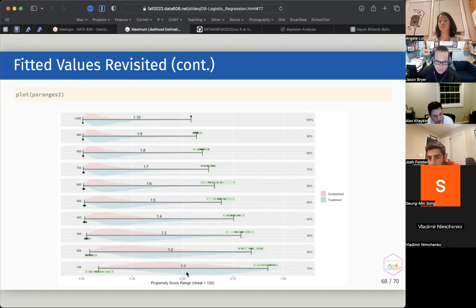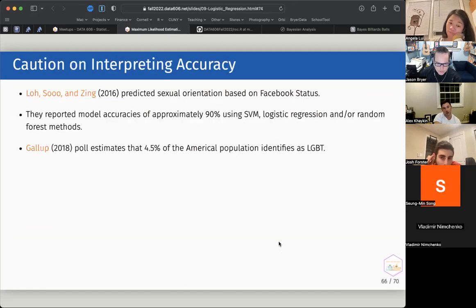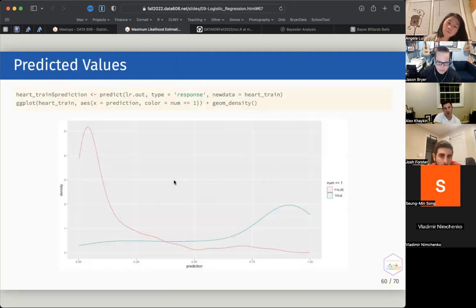Let me explain what this is. The red here is the distribution for false, and teal is the distribution for true. This is analogous to the plot I showed earlier, where we looked at the predicted values of no heart disease and the predicted values for heart disease.